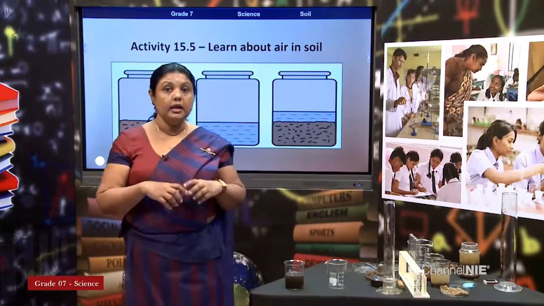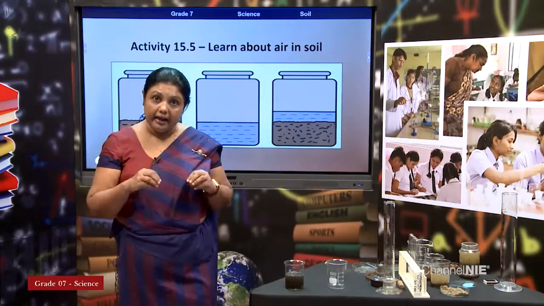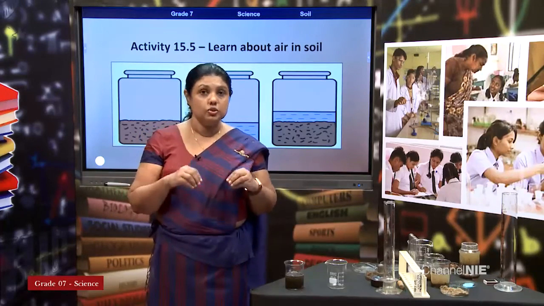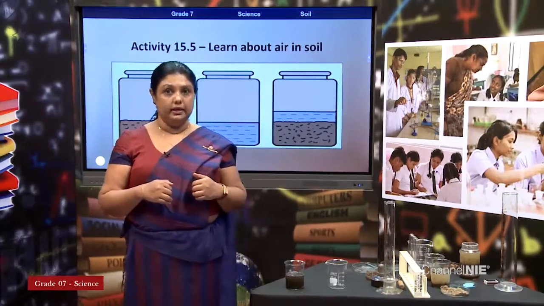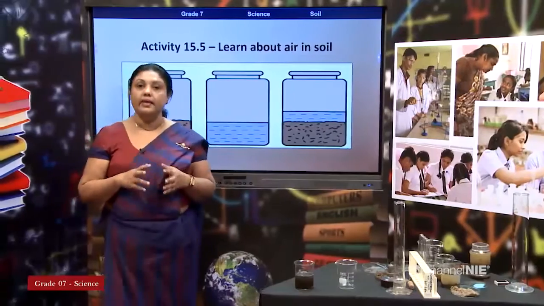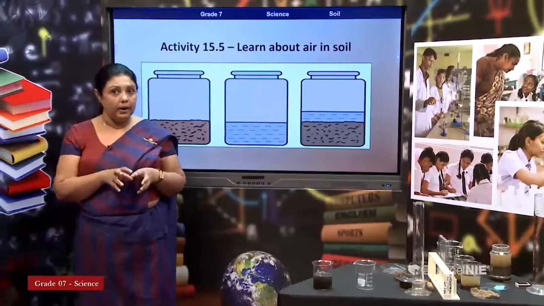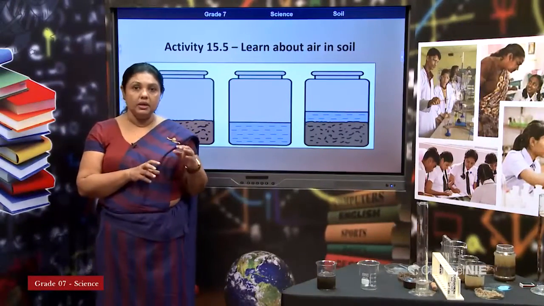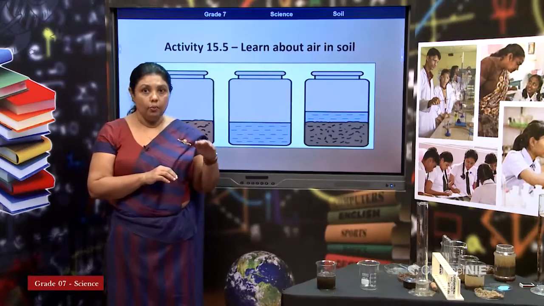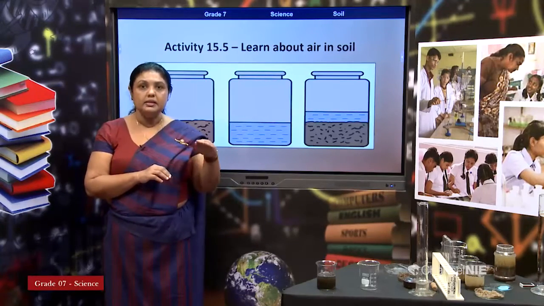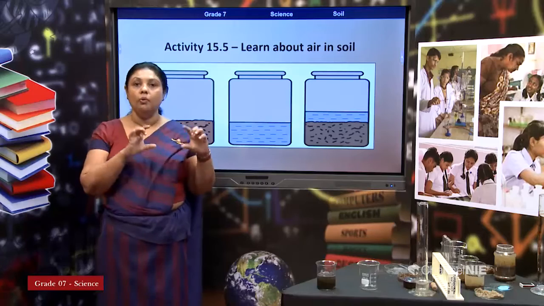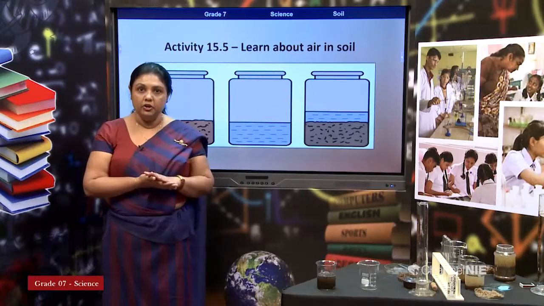Where in the soil? Inside the soil there are air particles. So, what has moved in? So, you have learnt that there are air particles inside soil. Because of that, the addition of both samples will not be there.